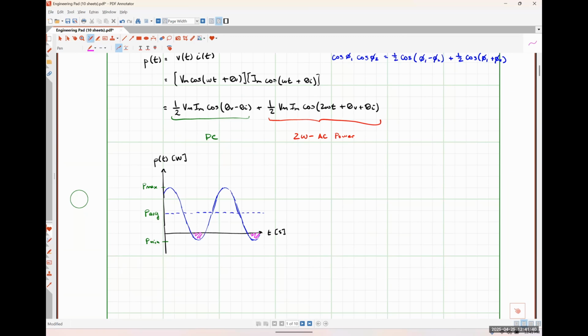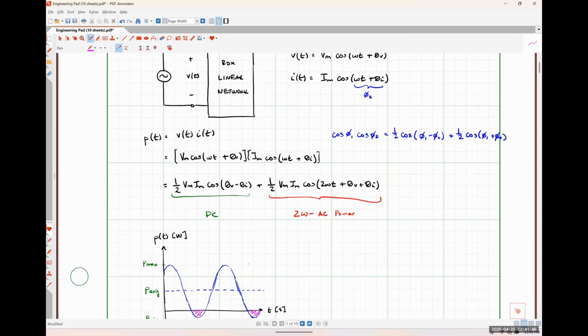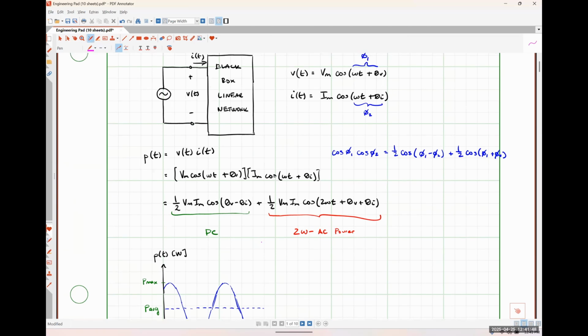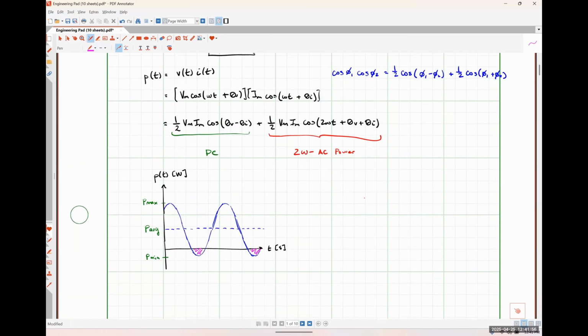I don't like the no power, and I'm not sure what you mean by taking power, but I think you're close, right? So based on the orientation of the current flowing into the positive polarity terminal here, we have been calculating absorbed power. So if we have a power that is lying below the horizontal axis, that means that we have negative absorbed power, which is the same thing as supplied power.